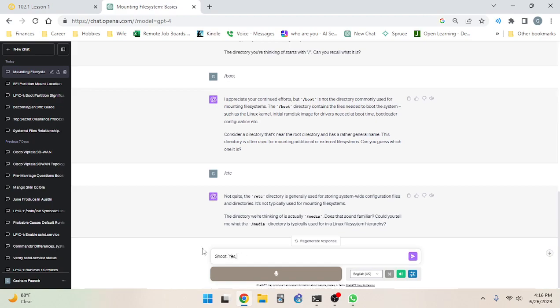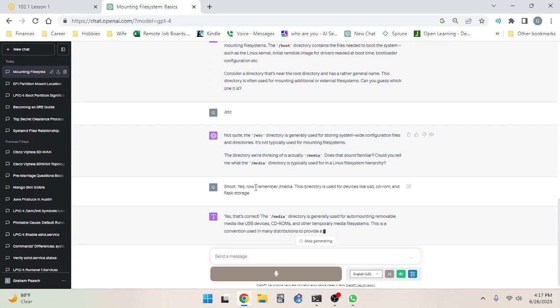Yes. Now I remember, /media. This directory is used for devices like USB, CD-ROM, and flash storage.